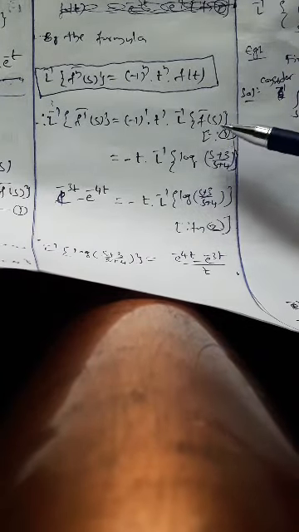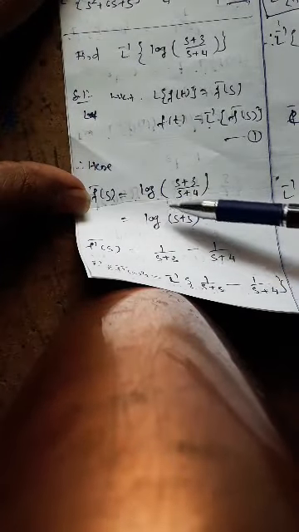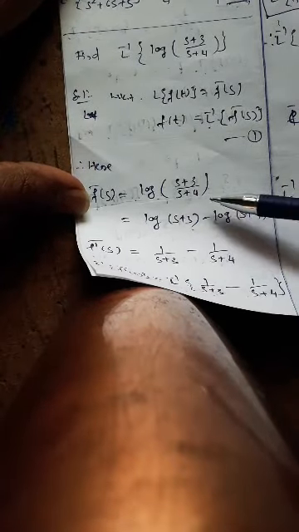Now minus t L inverse of, actually what is f bar of s? From the given problem, f bar of s is log of (s plus 3) minus log of (s plus 4). So in place of f bar of s we substitute that. Now L inverse of f dash bar of s, how much did we get? L inverse of f dash bar of s is e power minus 3t minus e power minus 4t.